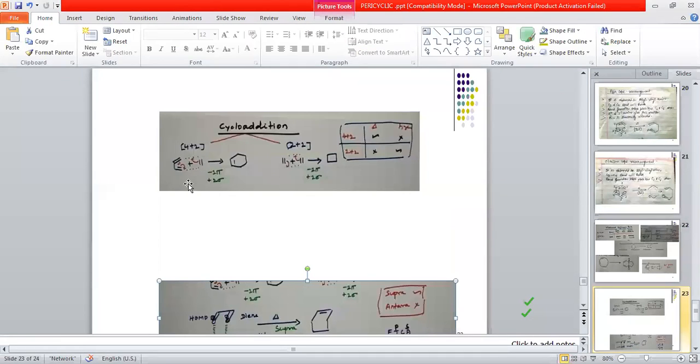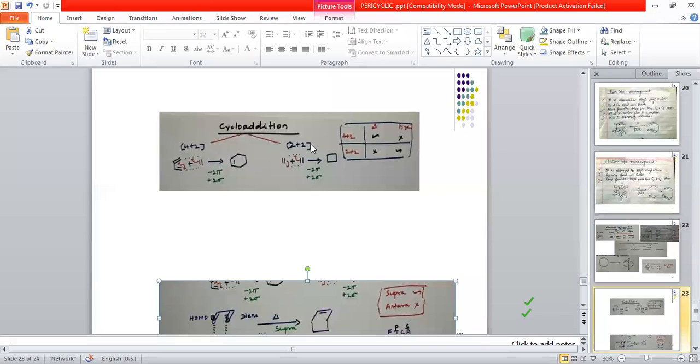Here, how many pi bonds are there? There were 3 pi bonds, but in the product we have observed only 1 pi bond. After migration of this particular sigma bond, we have gained 2 sigma bonds and lost 2 pi bonds.